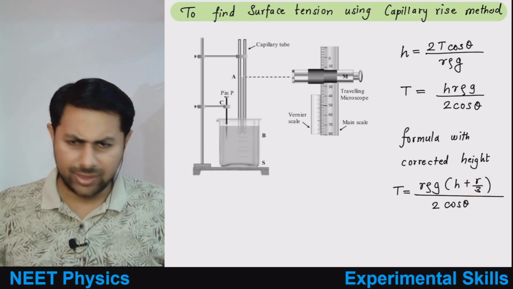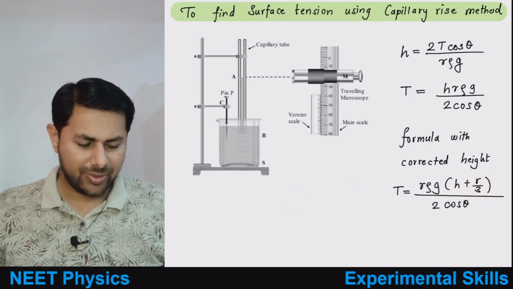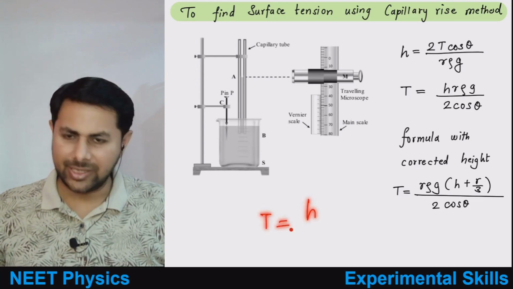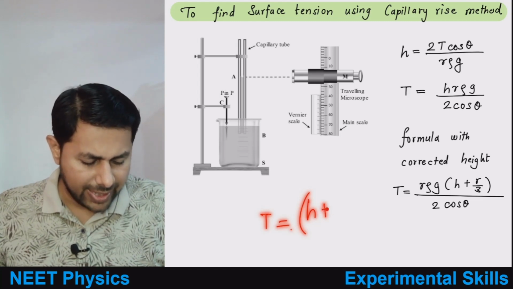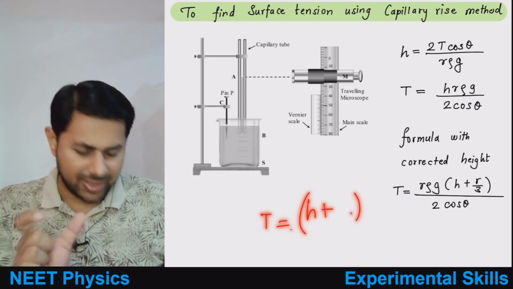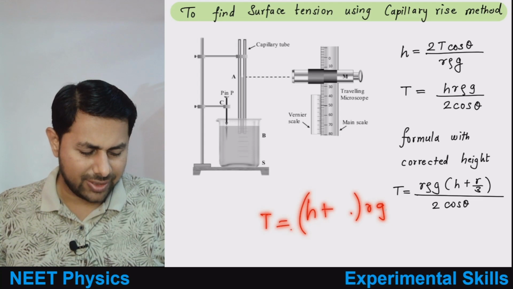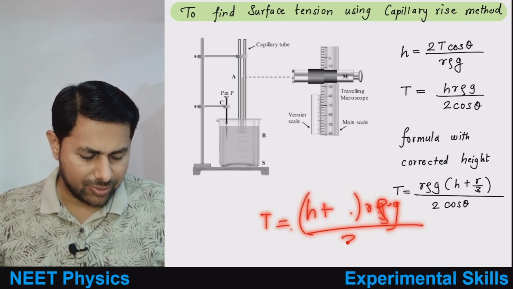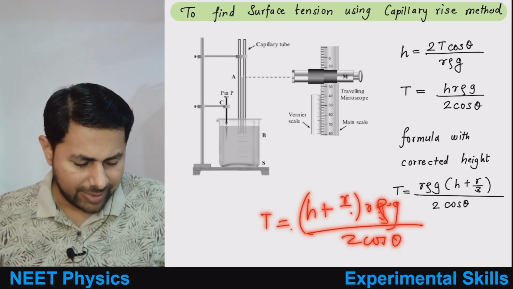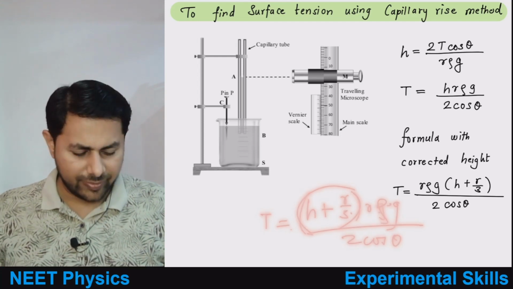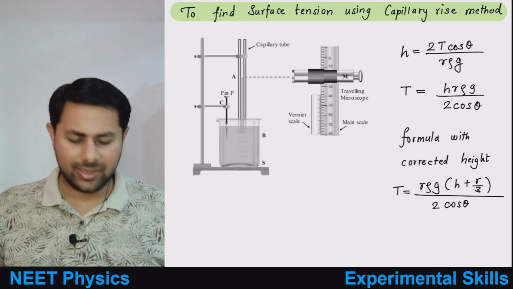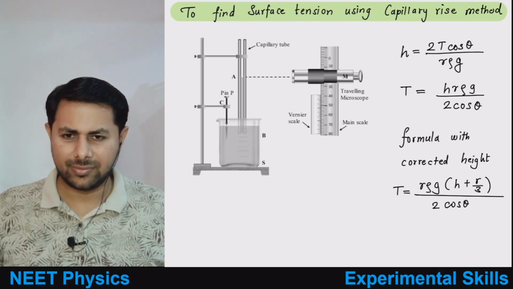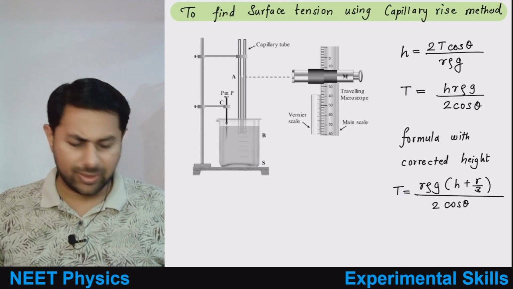So you write down the same formula, T is equal to h r rho g divided by 2 cos theta, where T is the surface tension of the liquid, and just add r by 3 to h to get the corrected height. Is this clear? Okay, so this is simple.